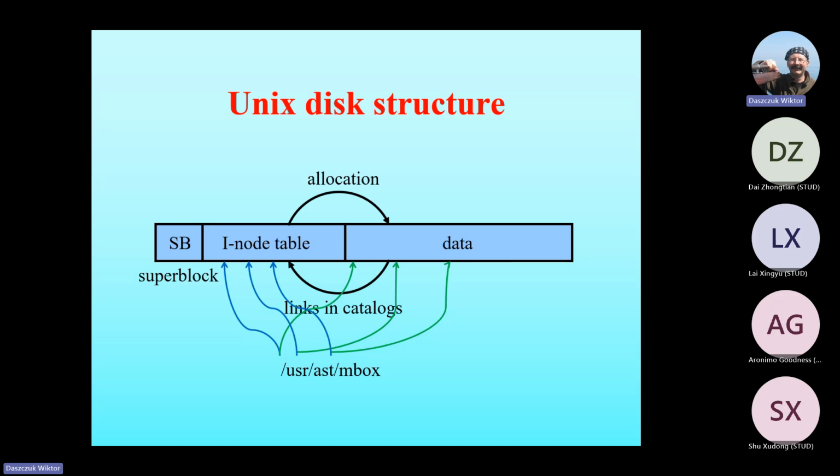In those data, we search for name mbox. And directory entry defines the inode number. From this inode, we learn where mbox is in data, and we can start reading mbox.